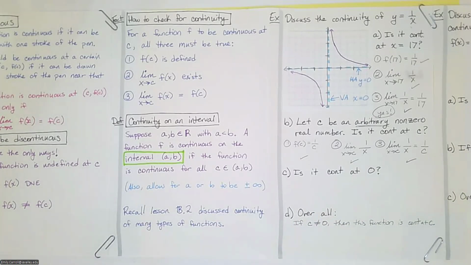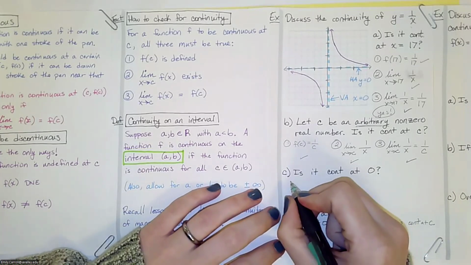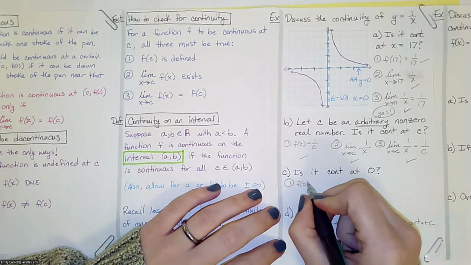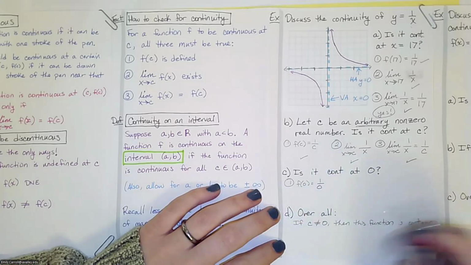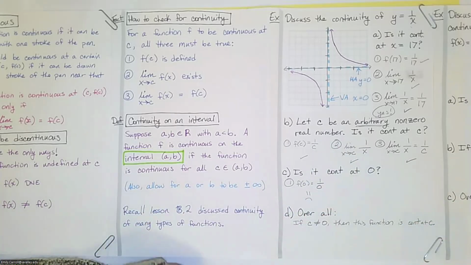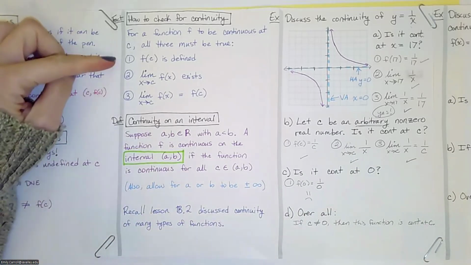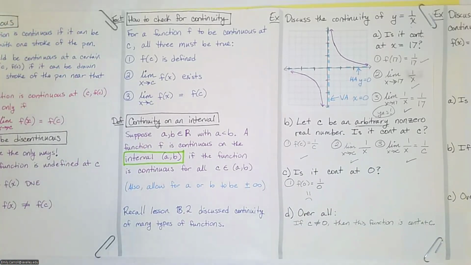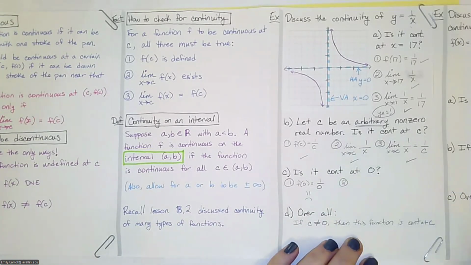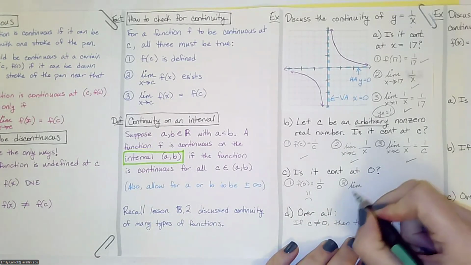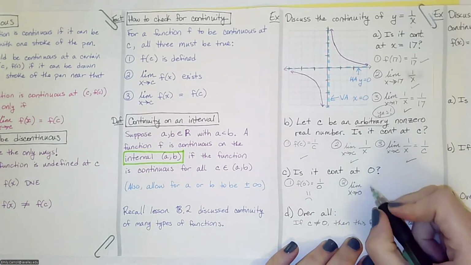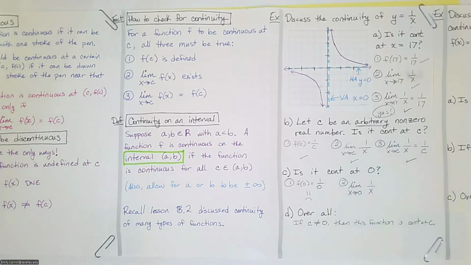Okay, what about if it is 0? If it is 0, f of 0 tries to be 1 over 0, which is not defined. Now, technically, I only need to break one of these three things in order to say that it's discontinuous, right? I can technically stop right here. But let me show how the other two things get a little bit messed up as well. Does the limit as x approaches 0 of 1 over x exist?